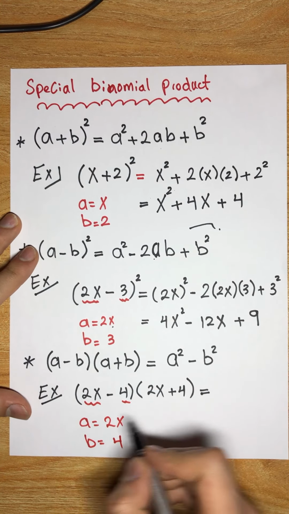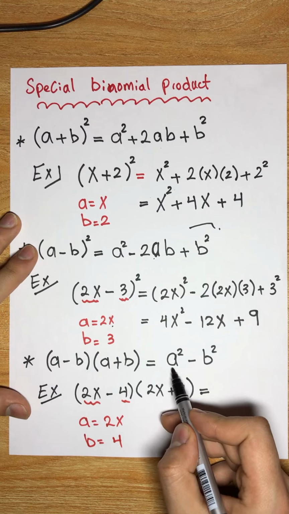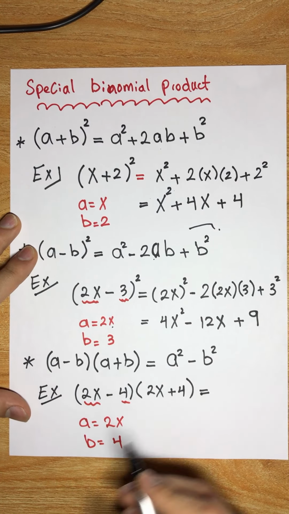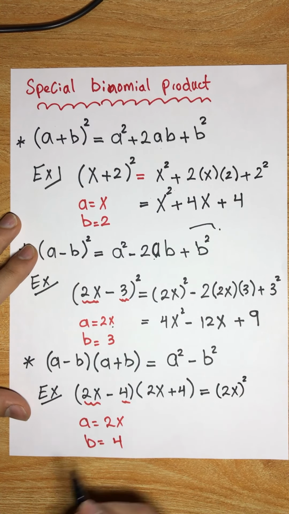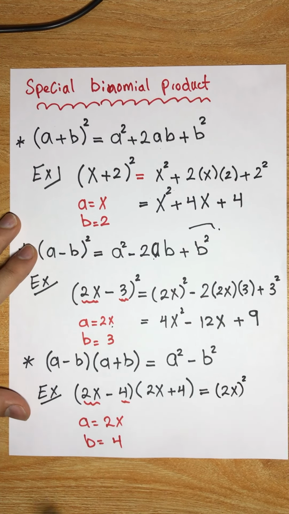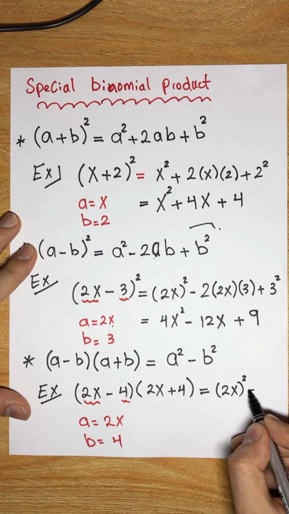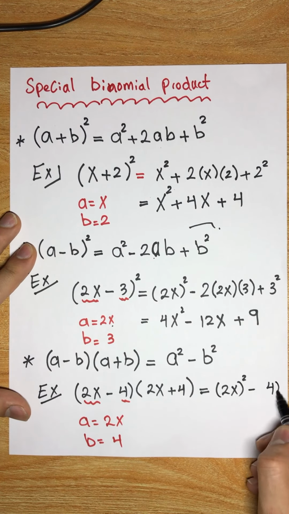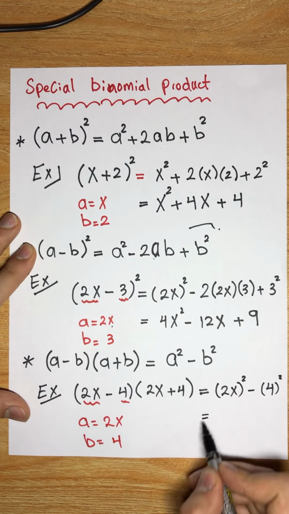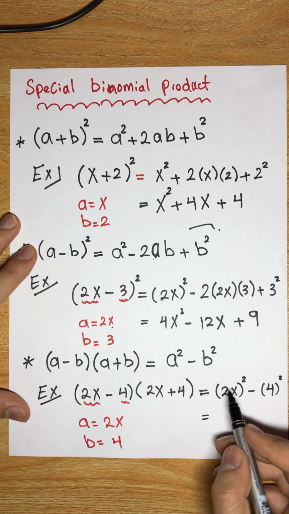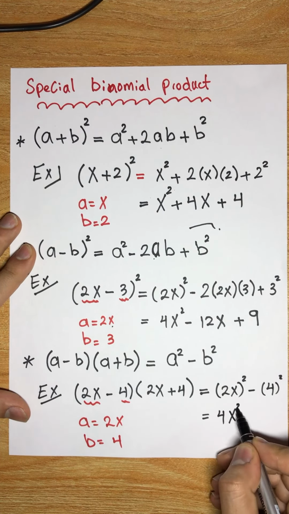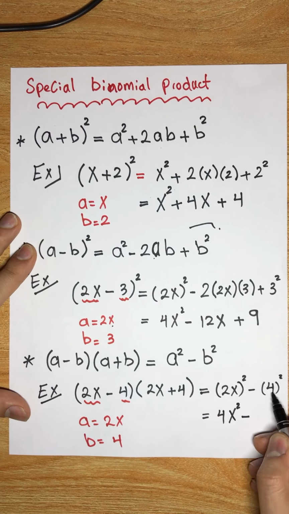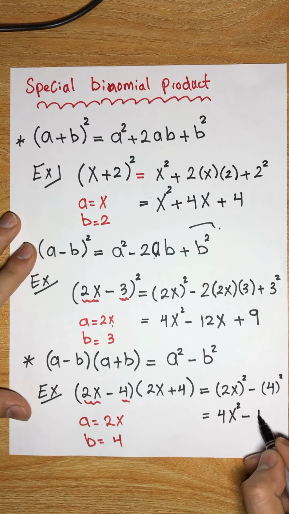So instead of a, we should place 2x, so 2x squared, and instead of b, we should put 4, minus 4 squared. Now the final answer is 2 to the power of 2 is 4, and x to the power of 2, minus 4 to the power of 2 is 16.